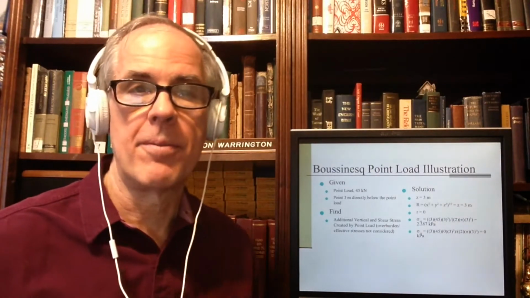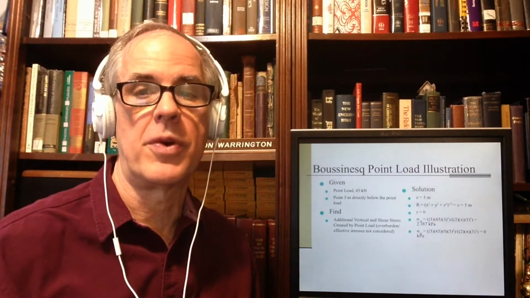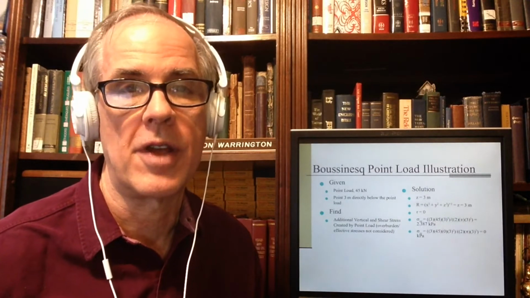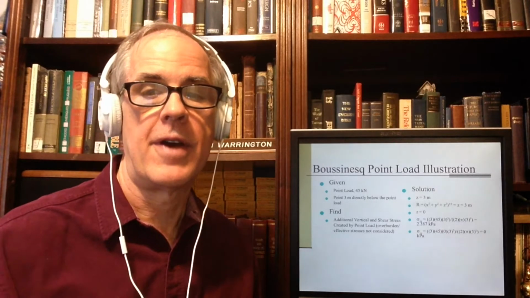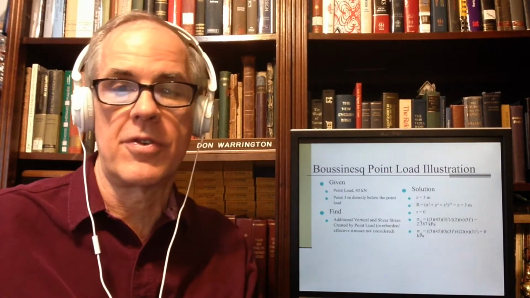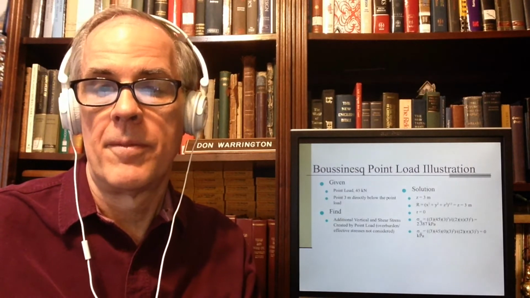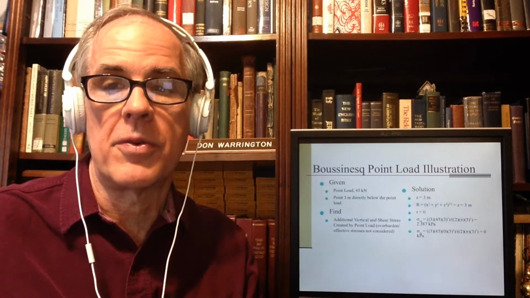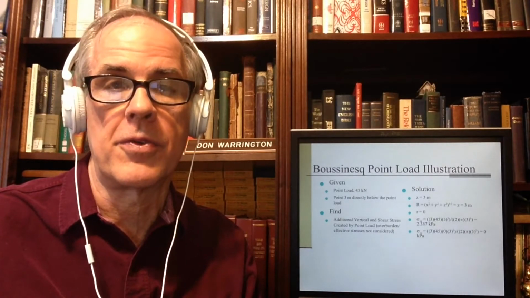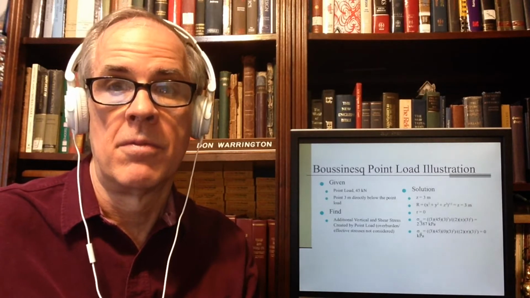So we have an example. Given the Boussinesq point load illustration, the point load of 45 kilonewtons, and let's talk about 3 meters directly below the point load. Find the additional vertical and shear stresses created by the point load. Z is equal to 3 meters. r is equal to the square root of x squared plus y squared. Amazing, 3 meters. Why?